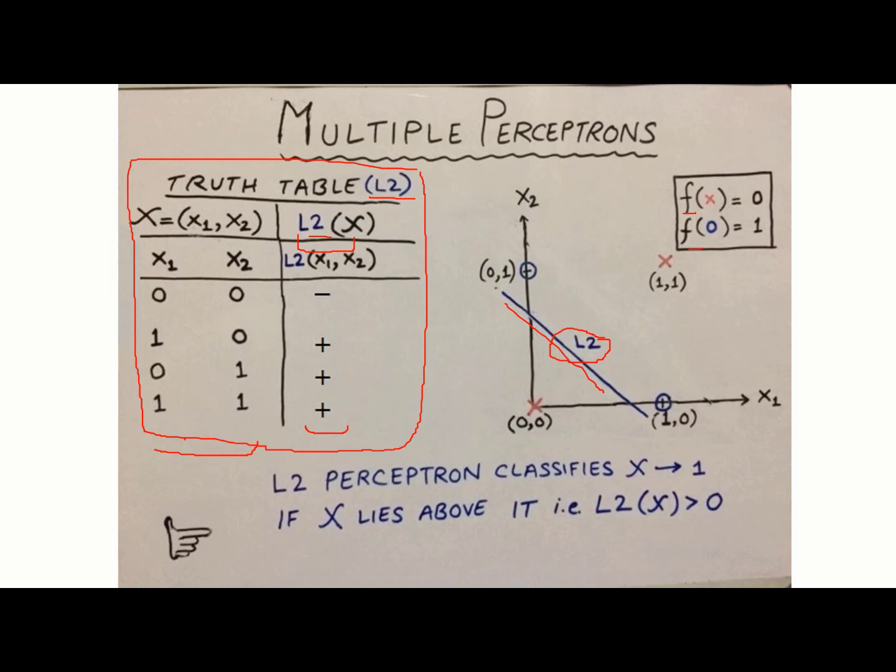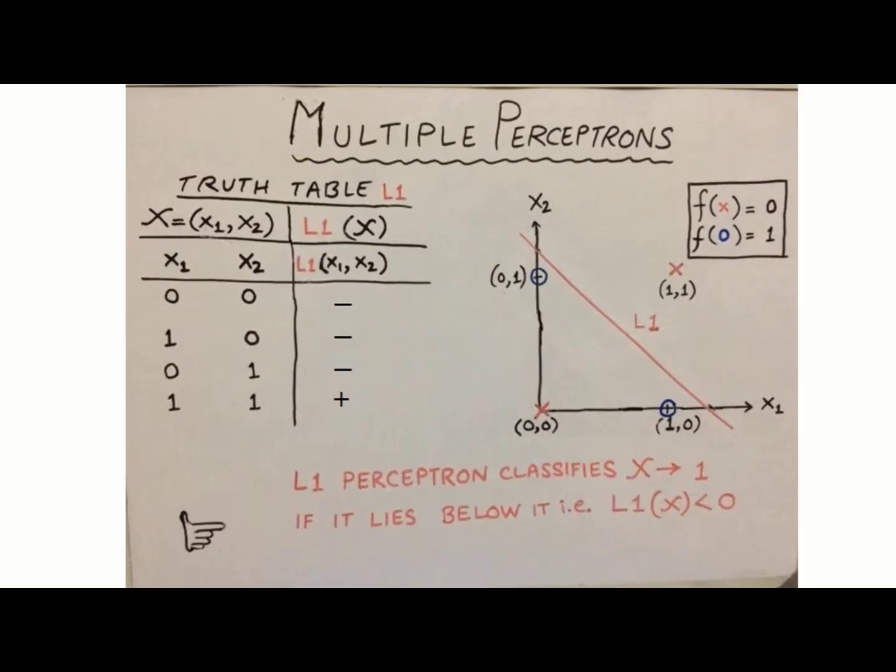So given this situation, data point 0, 0 clearly lies below this straight line. So if you plug in that data point, you're going to get some minus quantity. But all other data points, 1, 0, 0, 1 and 1, 1, are lying above L2 and are going to return some positive number when plugged into L2.